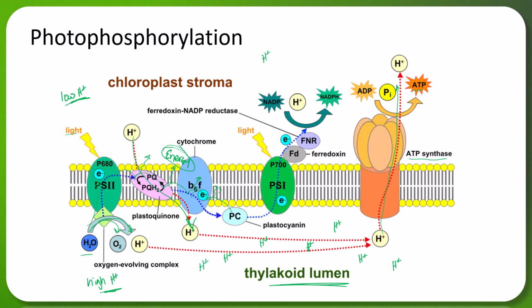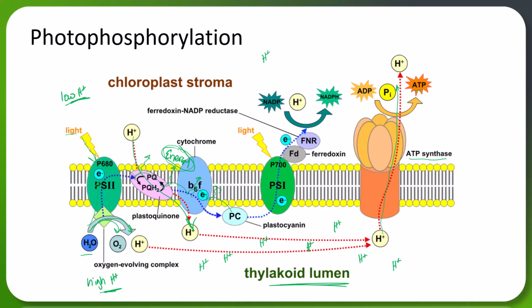The energy comes from the electrons, which, we being plants, come from the sun to begin with. So as the sun is absorbed by the pigments in photosystem II, it energizes these electrons. The electrons move down the electron transport chain. It actively transports the hydrogen ions back to the high side.